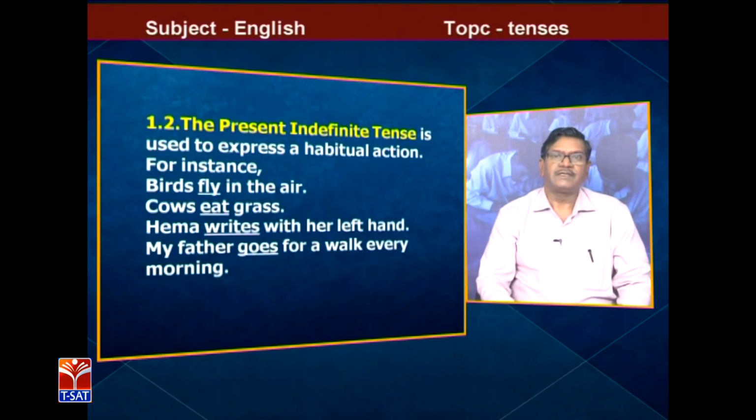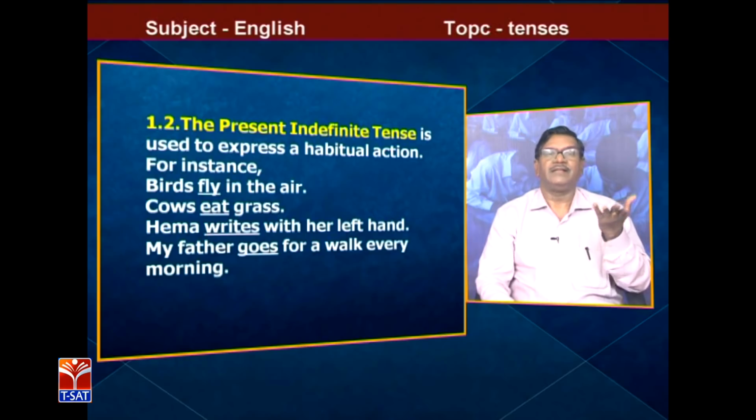The present indefinite tense or simple present tense is used to express a habitual action. Usually, these things will happen. Birds fly in the air. Birds don't fly in water. Cows eat grass. It is a habitual action. Hema writes with her left hand.